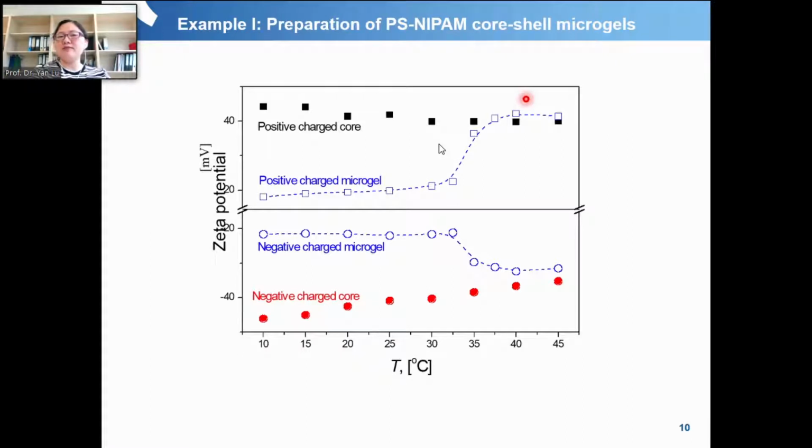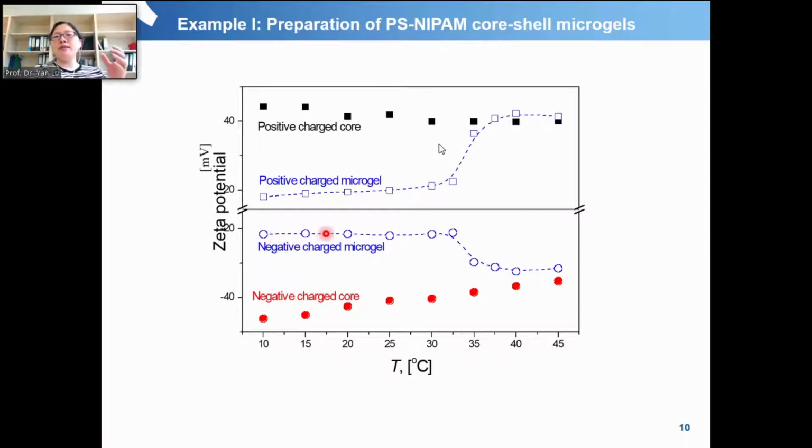This is because for the zeta potential, you measure the average surface charge on your particle surface. When the microgel is swollen, you have a big volume, and the number of the charges on your particle surface is constant. So when you have a high volume or high surface, the average number of charges on the surface is lower. So that's why you have a lower zeta potential at a lower temperature.